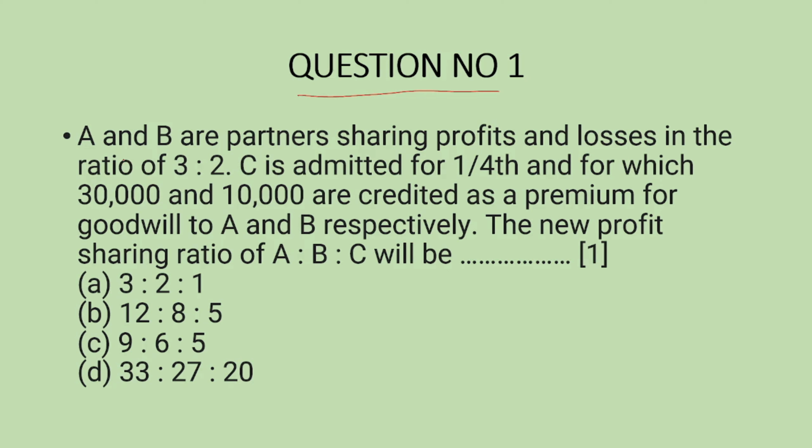Now here what we see is A and B are partners sharing profits and losses in the ratio 3:2. C is admitted, so it's an admission sum.